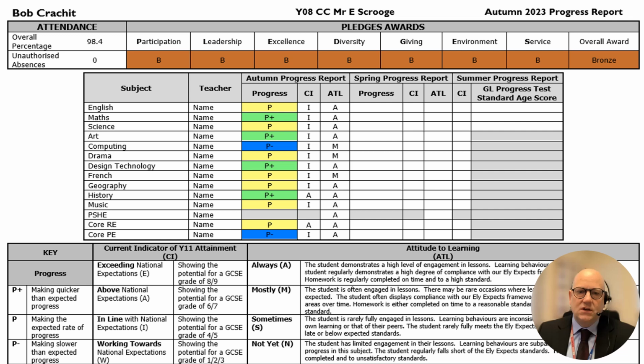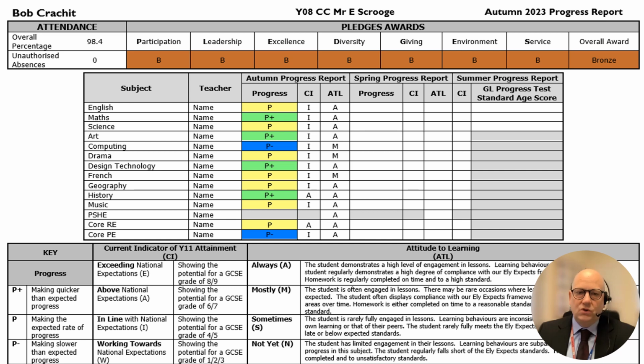So with attitude to learning, what you're looking for from a report is that some of the subjects will be always, because this is a student who's really excelling, always meets the expectations, homework is done to a really high standard, and their effort and engagement is superb. What you'd want to see in a report is that the vast majority of their attitude to learning descriptors are M's with a few subjects that are A's.